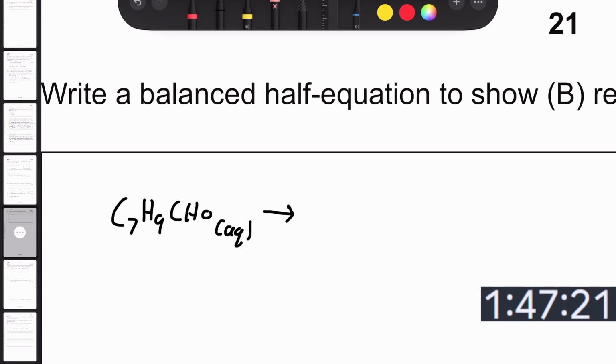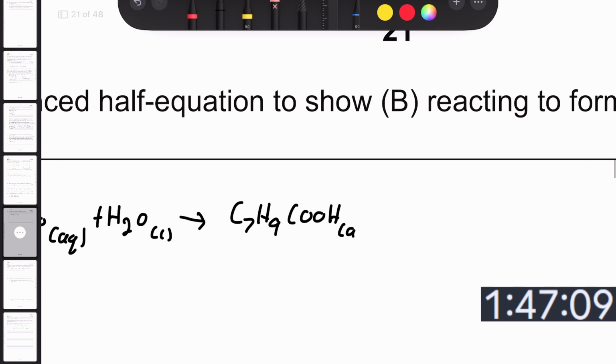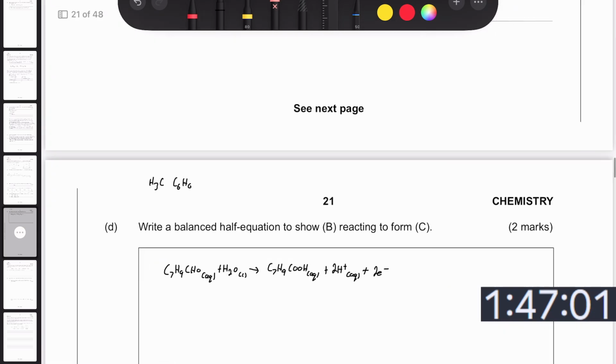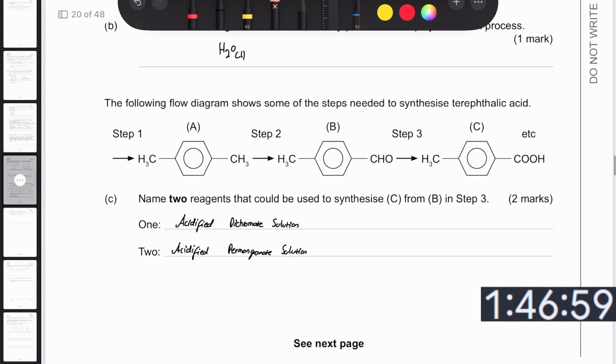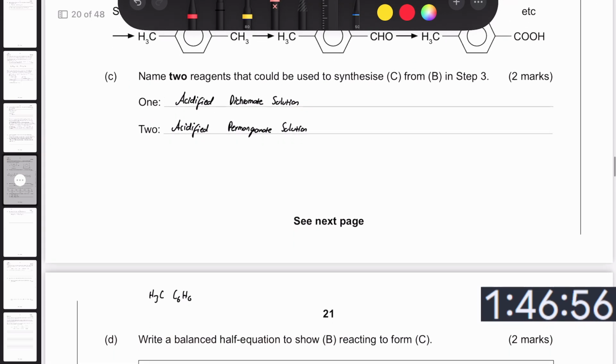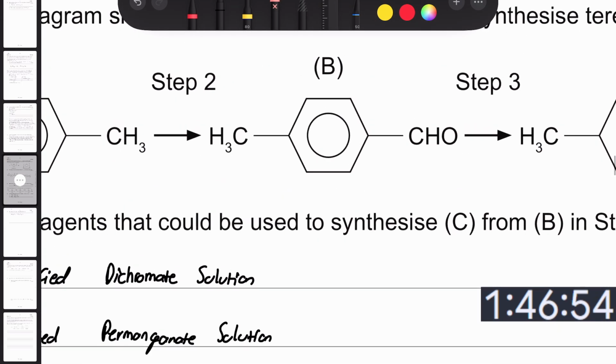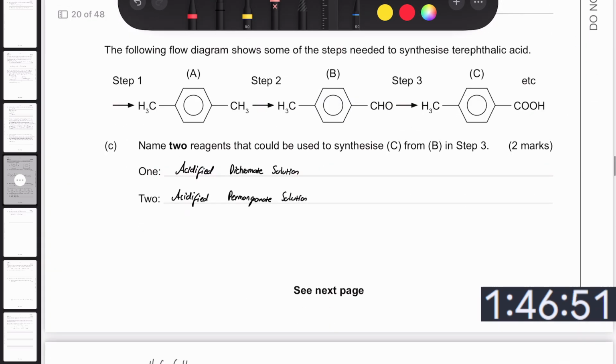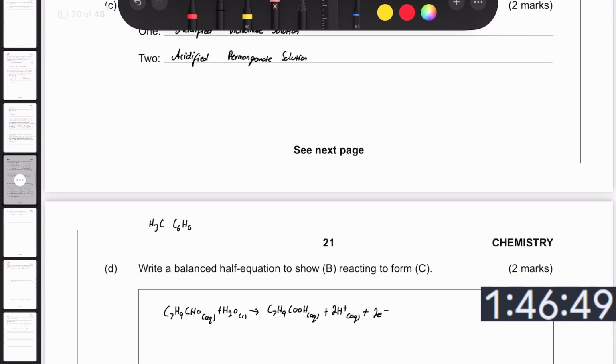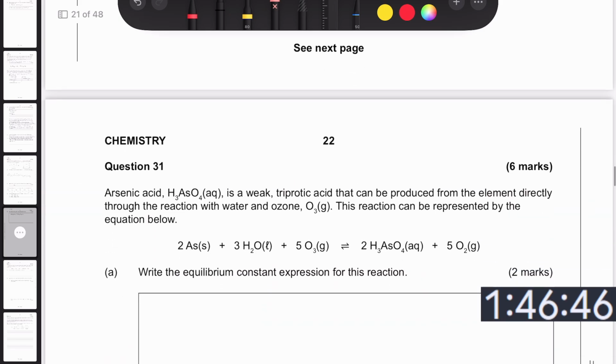So this is going to become like that. Oh wait, I need water. And then we're going to have C7H9COOH plus 2H plus plus 2e minus. Since that's the only thing that changes, I just added oxygen. H3, and then the 6, and then the 7. Yep. Okay, I'm happy with that.